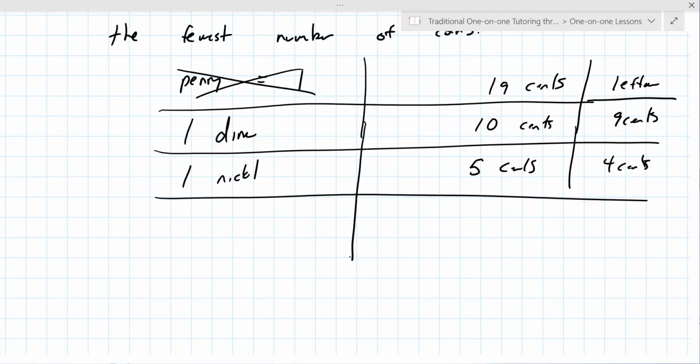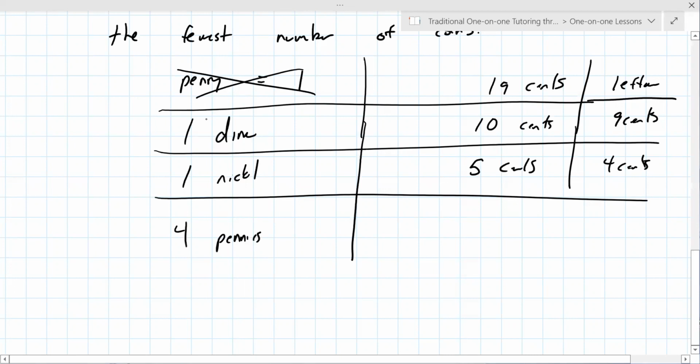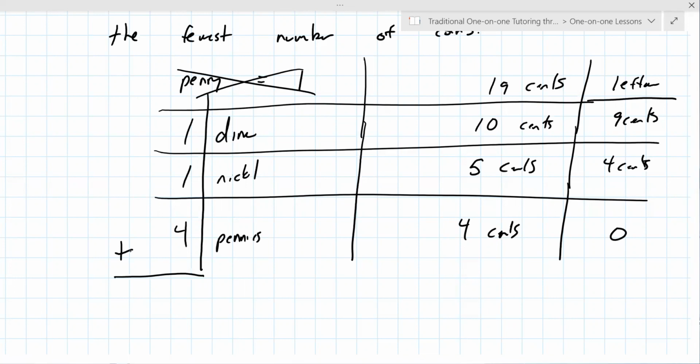Well, what goes into 4 cents? How can you make 4 cents? It's a penny, but it's more than 1 penny. How many pennies is it? 4 pennies. So that gets you to 4 cents, and then that's your leftover 0. So how many coins did you need to do that? You have to add those things right there. That equals 6 coins. Very good.